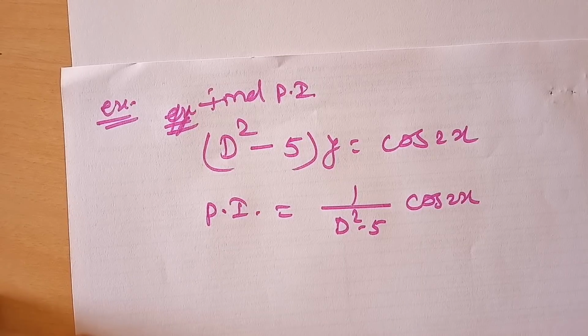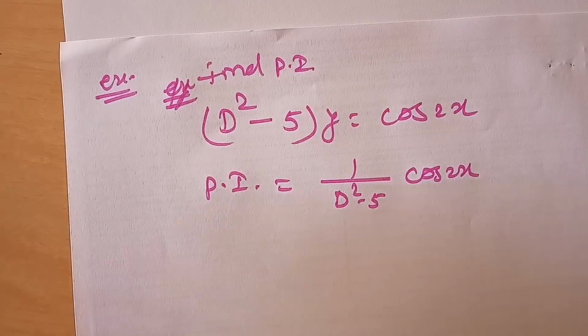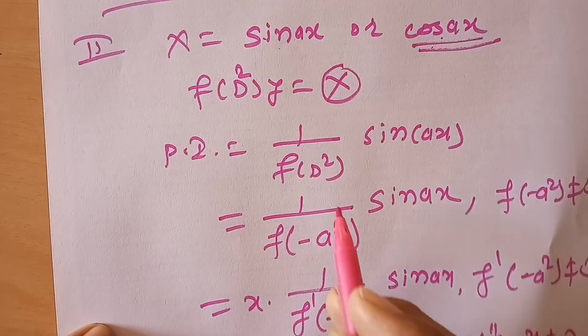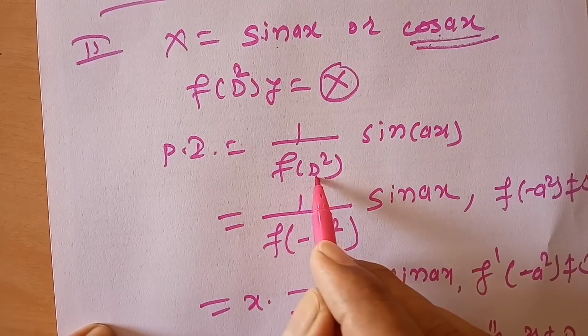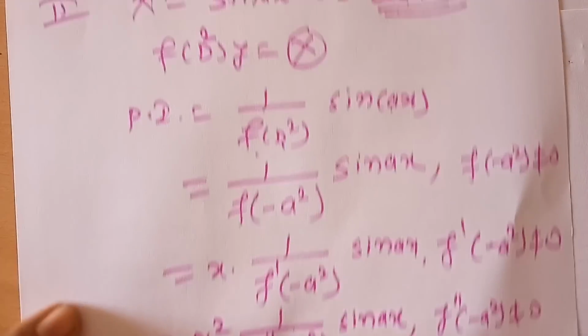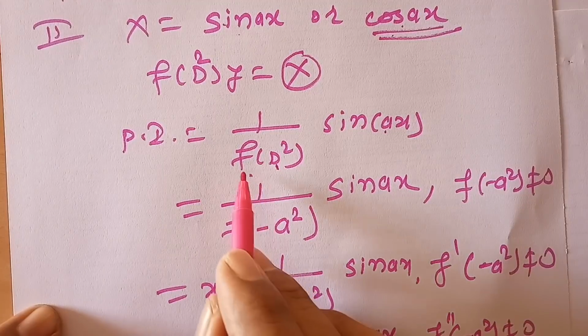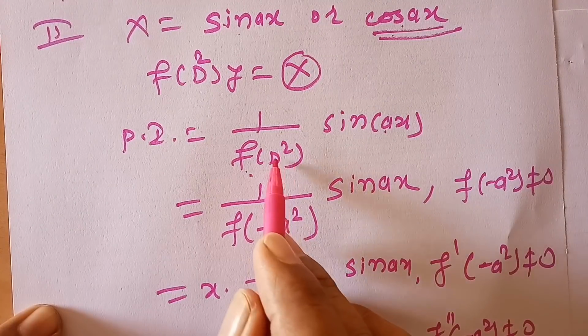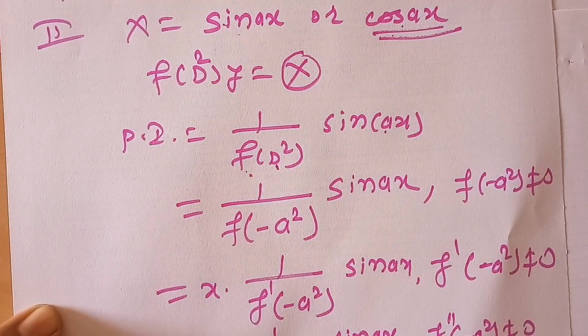This is our PI. Our rule tells that we have to replace this D square term by minus a square. I am replacing only that. Again keep in mind, in our function f of D, we have to replace D square terms, or powers of two, D raised to power 2, by minus a square.